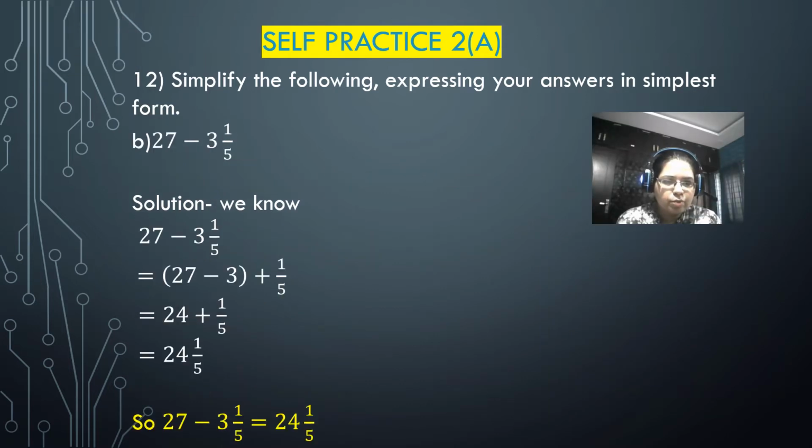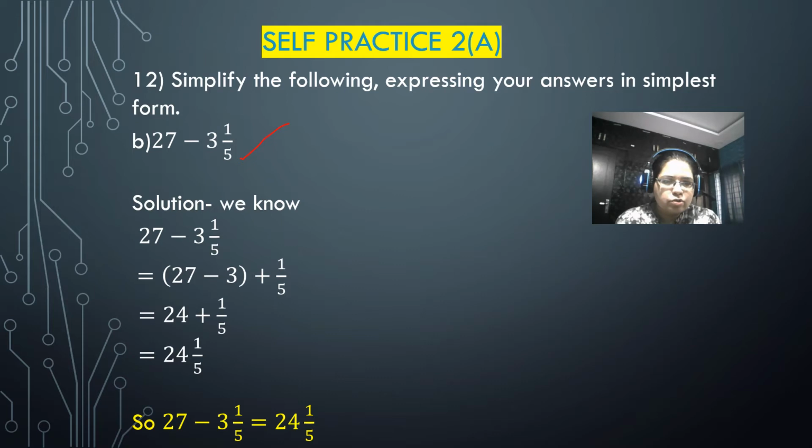Now we solve question number 12 part B: 27 minus 3 and 1 by 5. Here we have to subtract a mixed fraction from a whole number. 27 is the whole number and 3 and 1 by 5 is the mixed fraction.